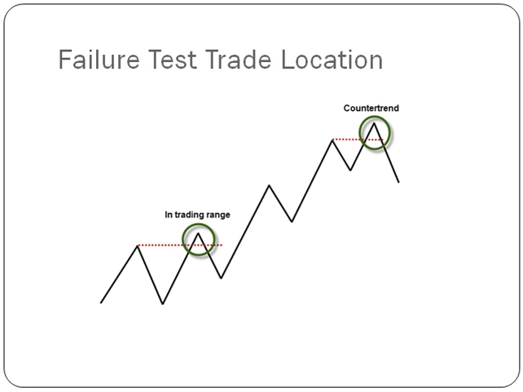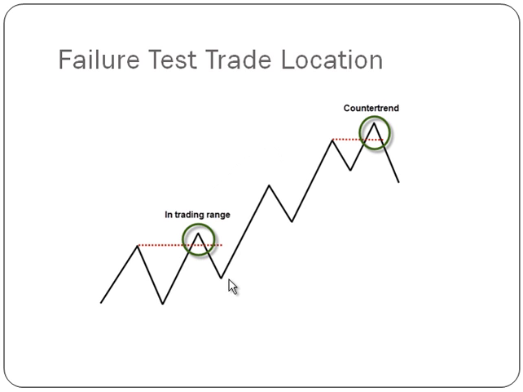And as I go to the next slide, this shows two possibilities for where these failure test trades can occur. Either assume here at the left of the screen that this market is in a trading range. So you have a stock or a commodity or whatever that has poked above resistance in a trading range. You also could have a drop below support for a long entry.